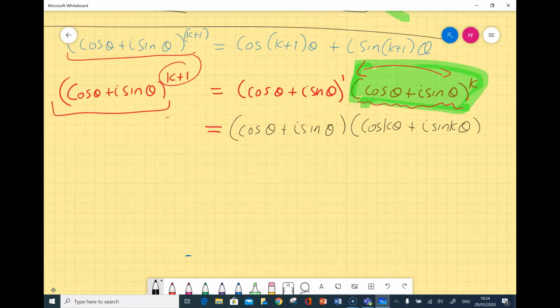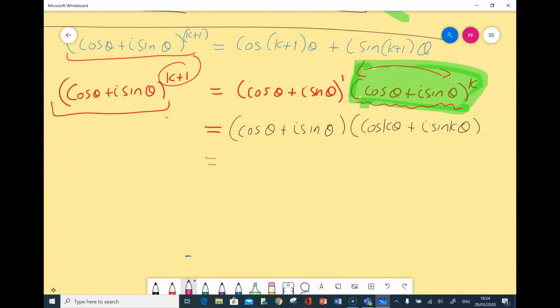Alright, so again, I'll just multiply this out now. Cos theta by cos k theta is cos theta cos k theta. Cos theta by i sin k theta is i cos theta sin k theta.